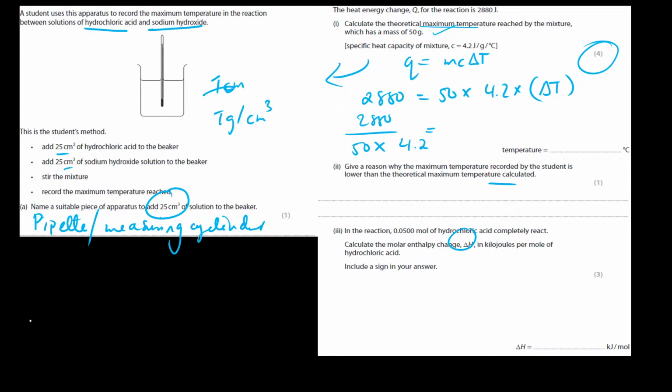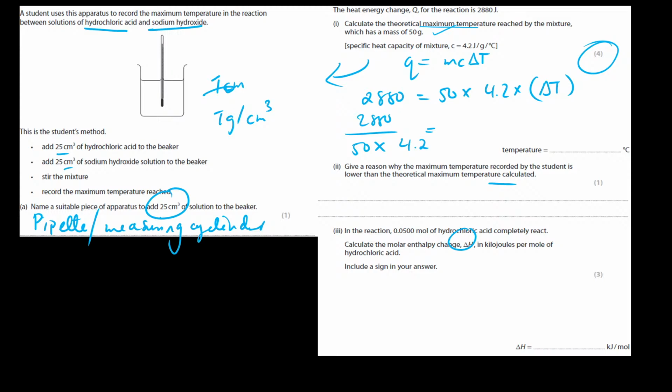And what did you guys get? What value do you guys get? Anyone? Yeah, 13.7.